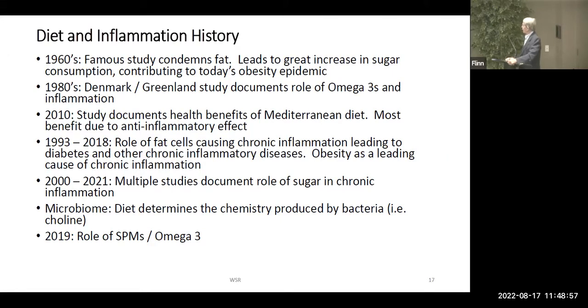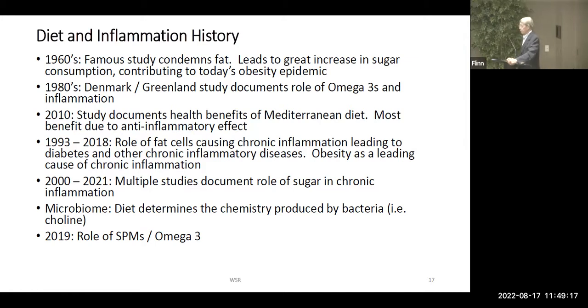Between 2000 and 2021, there were multiple studies documenting the role of sugar in causing chronic inflammation. More recently, there has been a lot of research into the microbiome, which is the colony of bacteria in our gut.